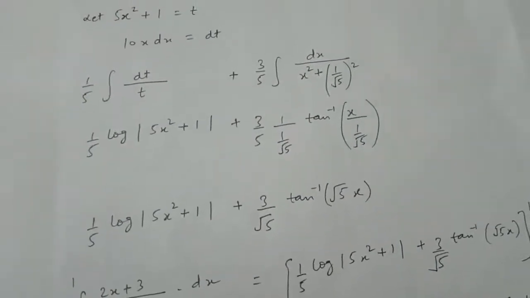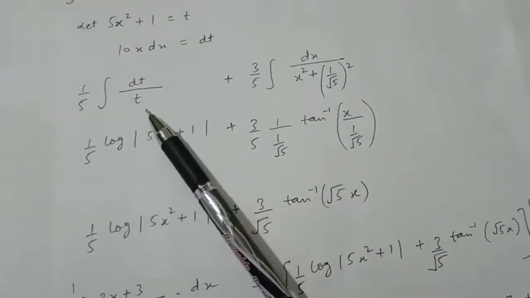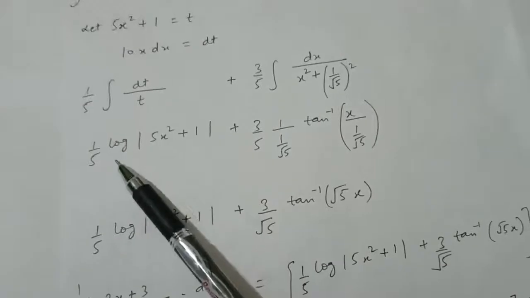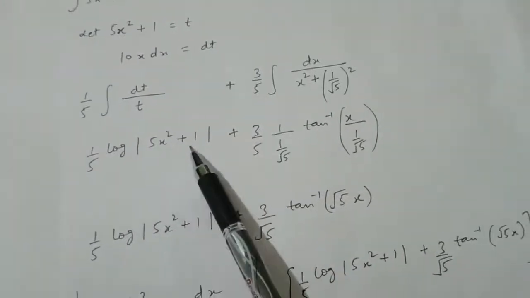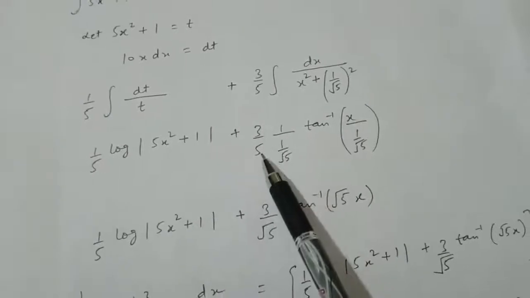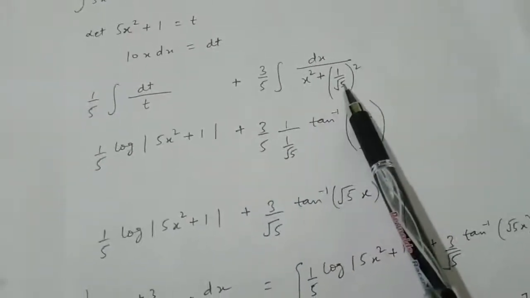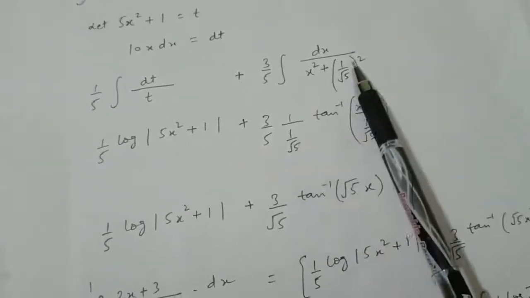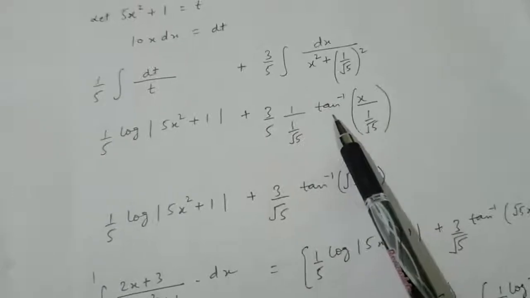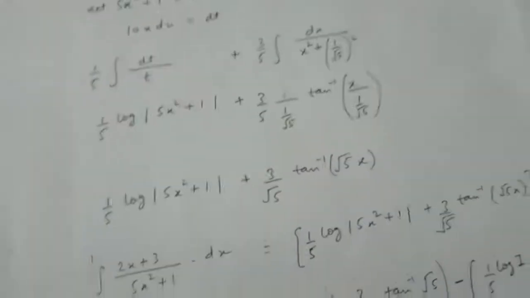Now the value of this integral will be 1 by 5. Integral of 1 by t is log t, and in place of t writing the value we just assumed, plus 3 by 5 into integral of this, which will be 1 upon x square plus a square, is 1 upon a, here a is 1 by root 5, into tan inverse x by a, so a is 1 by root 5, right?